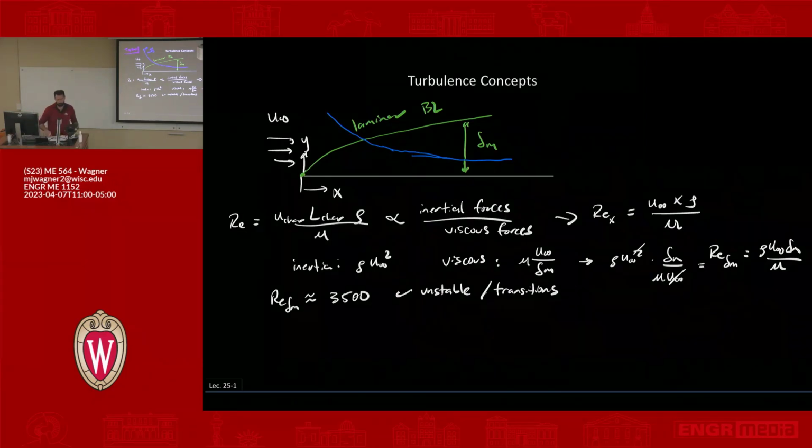I guess what we want to do then is relate this back to our position for a flat plate and get some critical Reynolds number for flow over a flat plate. So let's go to the next slide and draw, again, a little sketch of our situation. We have a flat plate. We have a boundary layer that's growing.